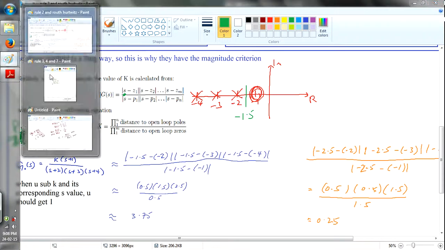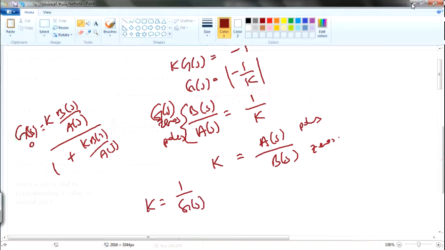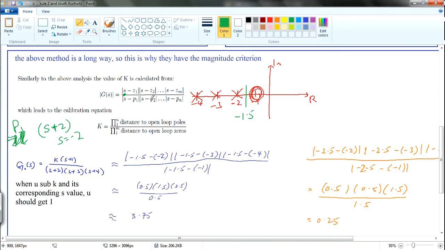As you can see, they are inverse, right? The transfer function is inverse. This whole thing is the transfer function, so G(s) is equal to 1 over k. So k is also equal to 1 over G(s). In this case, G(s) is equal to this one, but k is this one. As you can see, the denominators are all poles, then k is when the numerators are all poles now. So you just follow this one.